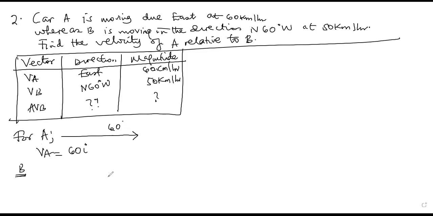So this is my north line. You count 60 degrees from north, but to the west. So my components will be like this.